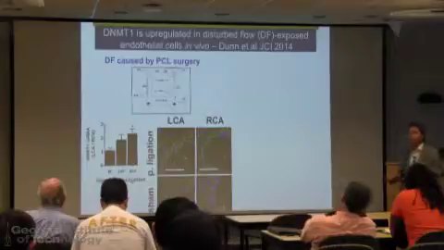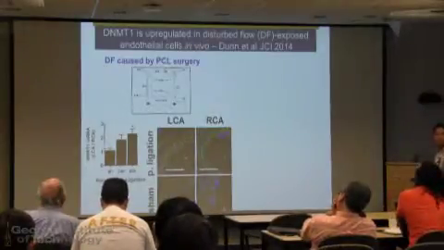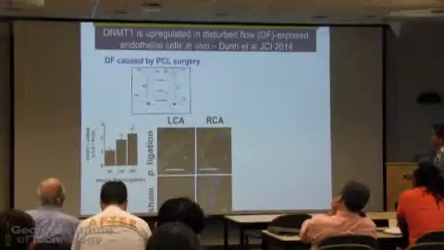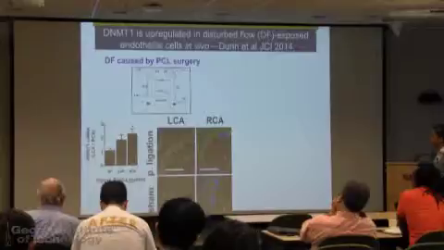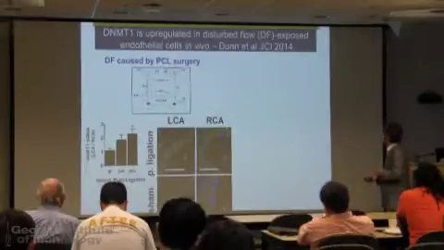So the first step was to confirm our finding, whether the DNMT1 gene goes up at the gene and protein levels. Here is immunostaining showing that the DNMT1 protein level goes up in the flow-disturbed LCA area compared to the control site. And these are shams showing no signs of DNMT1 protein expression.